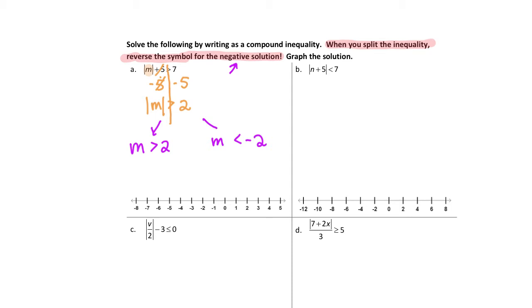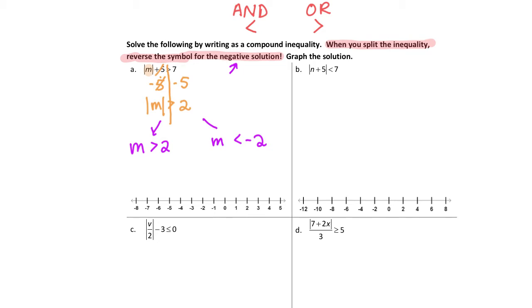All right, the last thing we need to figure out, is this an and or an or compound inequality? So we had those two rules from the previous video. Here's the easy way to remember. Alphabetically, and comes before or. So and is less in the alphabet than or is. So or is the greater one, and is the less than.